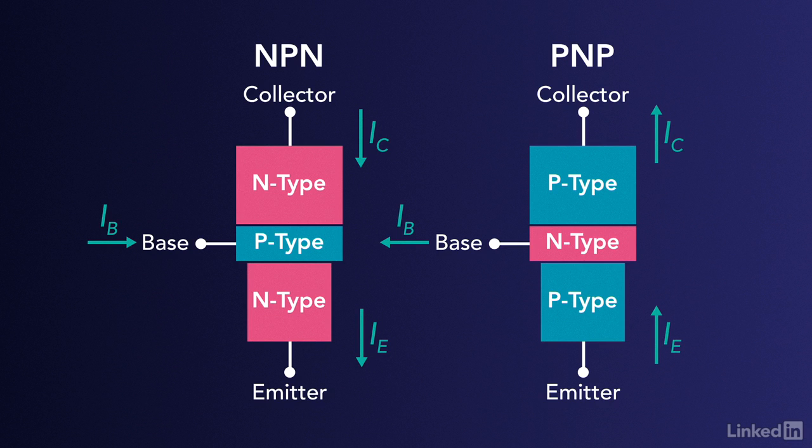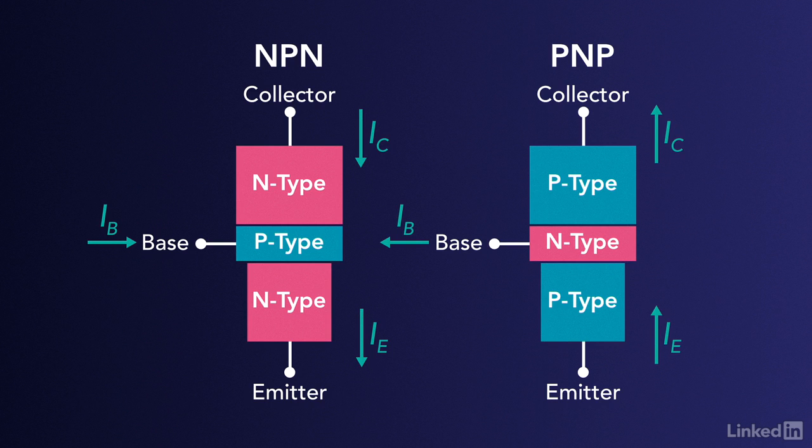One key difference between the two types of transistors is that in an NPN transistor, electrons are treated as the important carriers. But in PNP transistors, the important carriers are the holes, which are the absence of electrons and represent positive charge. So, unlike the emitter in an NPN transistor, which emits electrons, the emitter in a PNP transistor emits holes.